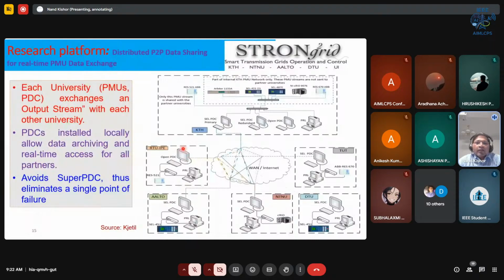Each of these locations had their own PDC, here that was an RTU, then Aalto, and then another was NTNU, DTU, and so on. So from each university partner we have the PMUs and the PDCs, so that we can exchange the data streams from each other. These PDCs allowed local data archiving and real-time access for all the partners, and that avoided a super PDC at a single point here.